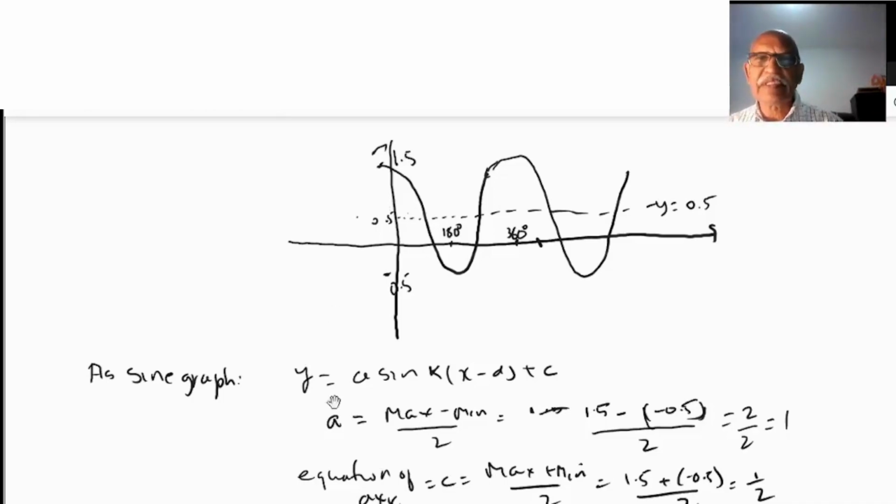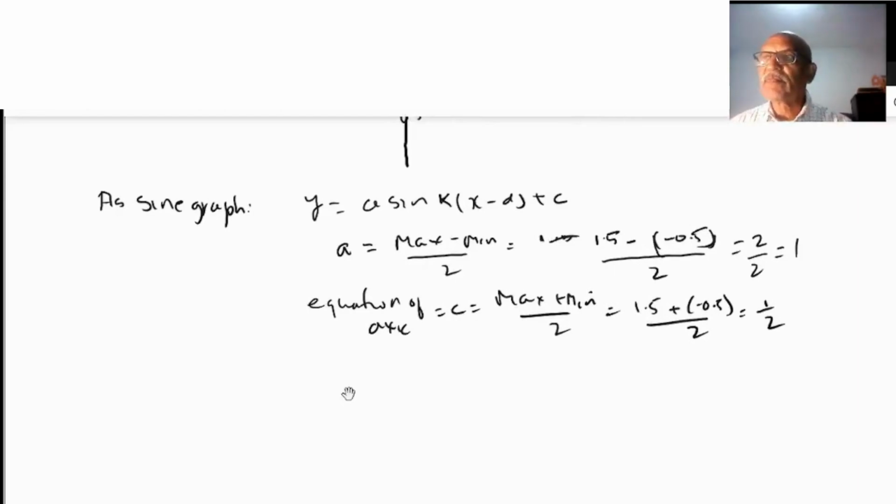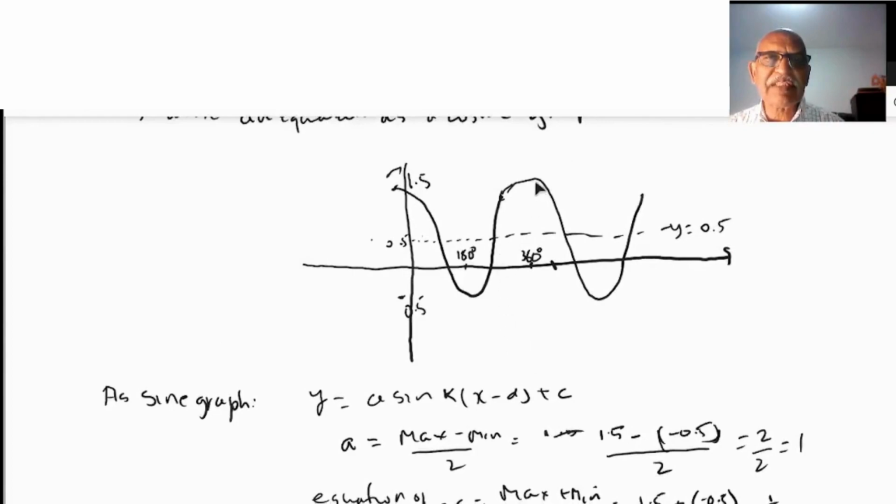Okay, then our next one is finding the period. The period is the length between any two maximums. So the first maximum is, for example, 360, and the second maximum is 0.